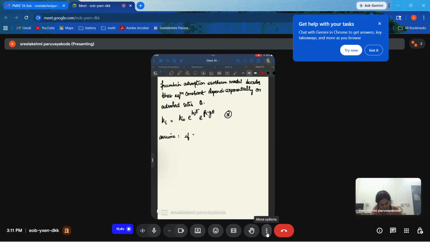Now let's make an assumption. If charged intermediate species M adsorbed repel each other, we have the repelling parameter, the interaction parameter G, to be a positive value. We are specifically talking about the intermediate species.